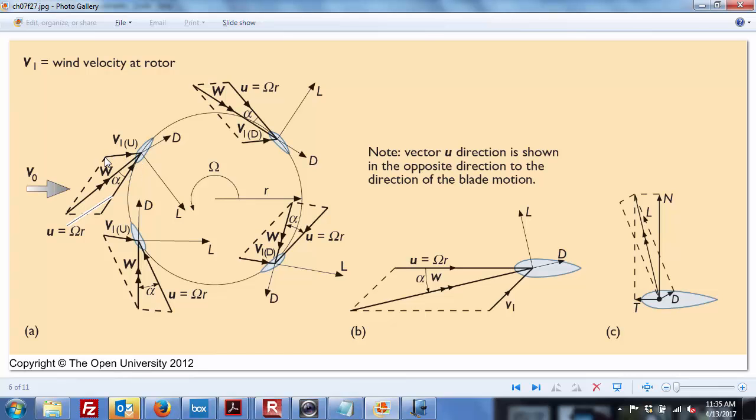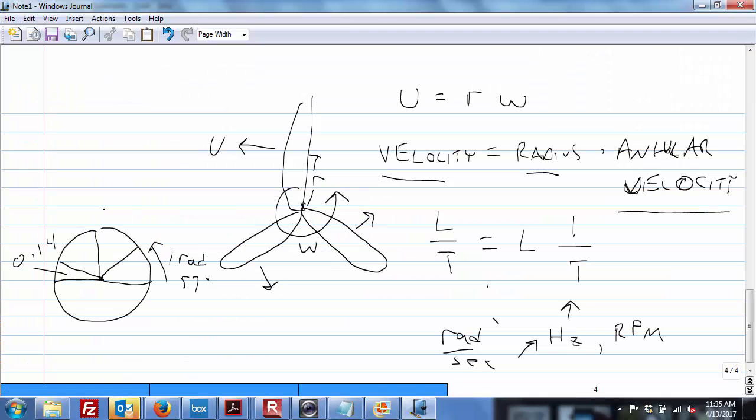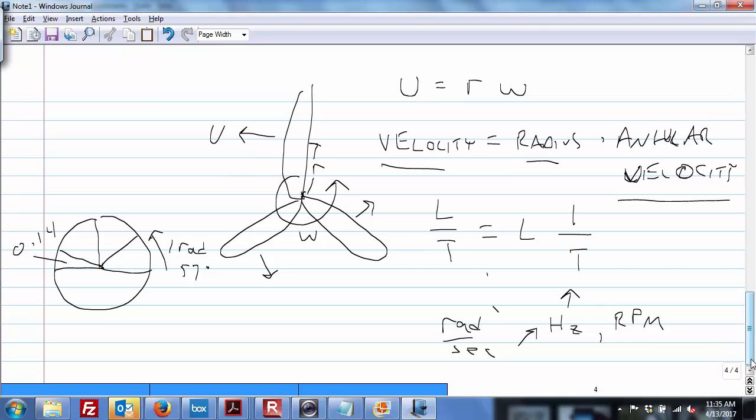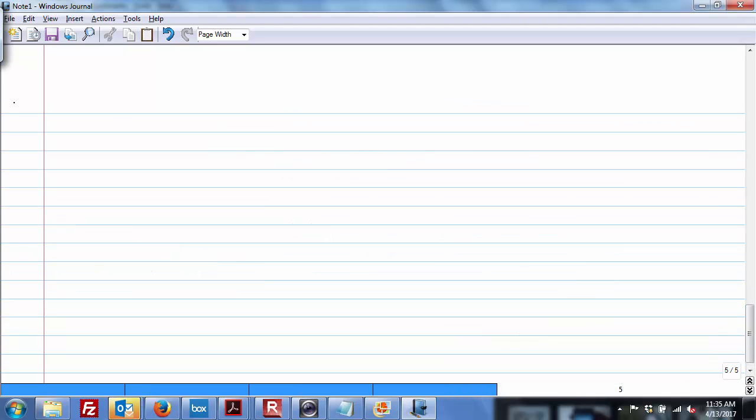This V1 is the actual wind velocity coming into the turbine, and you add these two vectors together. Let me show you that, in case you're not familiar with vector addition. So if I have vector A, vector B. These are both vectors.